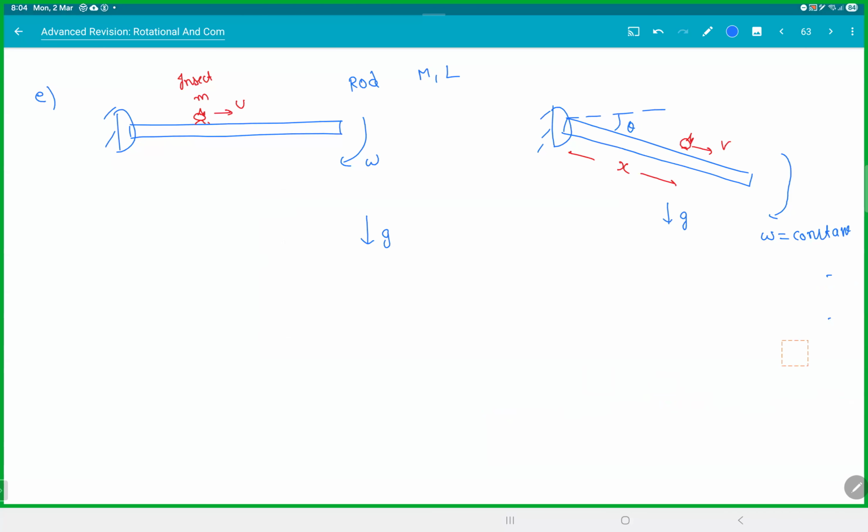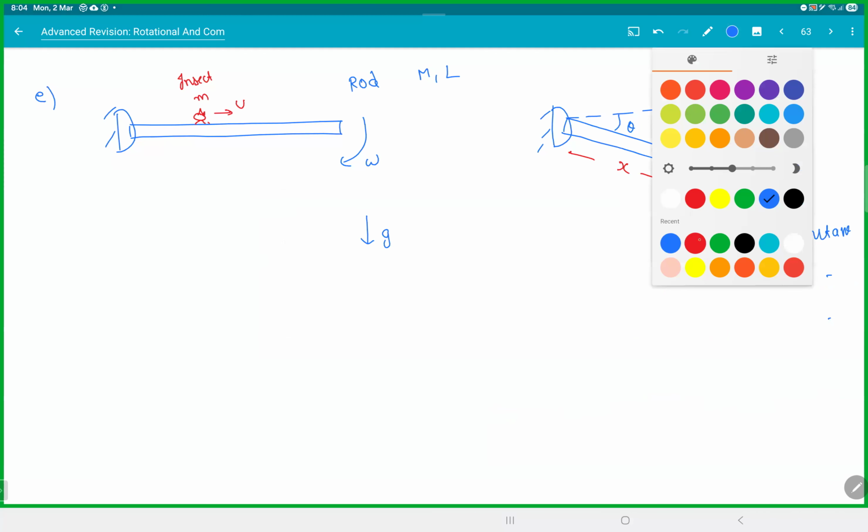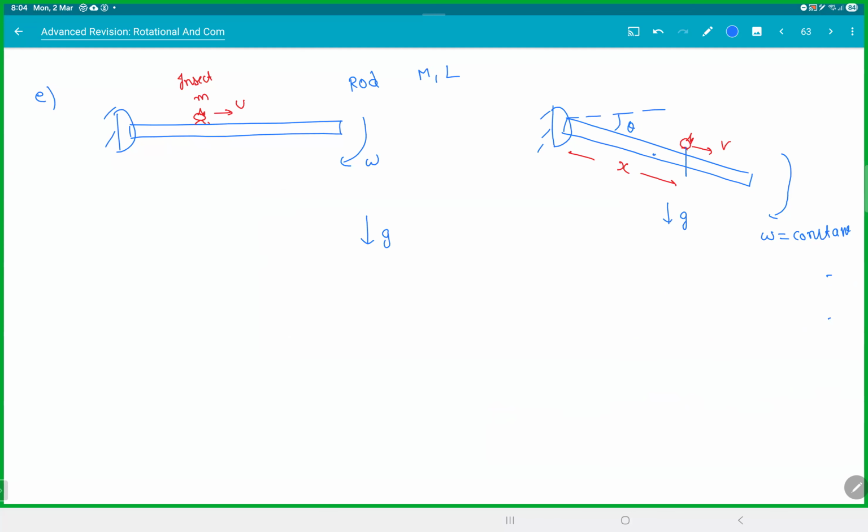So after time t, you can find the torque of the system. The insect's weight is mg. Rod is capital Mg. So torque will be mgL by 2 cos theta plus small mg x cos theta. I of the system will be mL square by 3 plus mx square. dI by dt will be 2mx dx by dt.